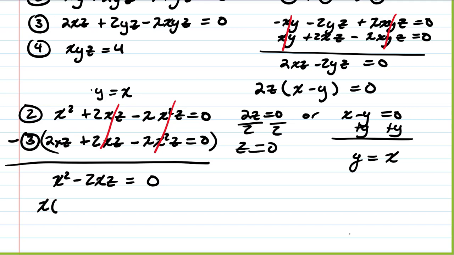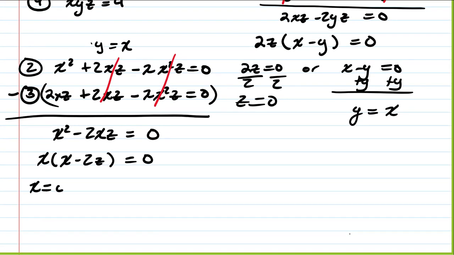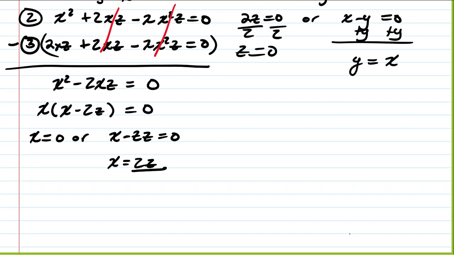We factor out our common factor of x, leaving behind x minus 2z is equal to 0. So then we would have x is 0 or x minus 2z is equal to 0. So in that case, we would have x equals 2z, or solving for z, z is equal to x divided by 2.